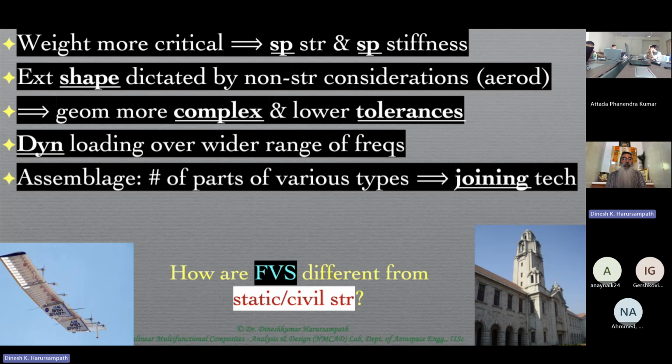So the next important difference when you're looking at static and flying structures is in terms of the number of parts that you're going to put together and how you're going to put them together. Typically you have to have an assembly of components in order to make up an overall structure.